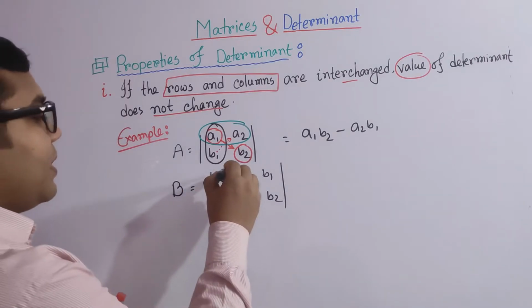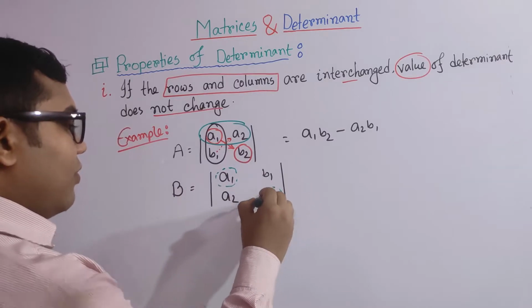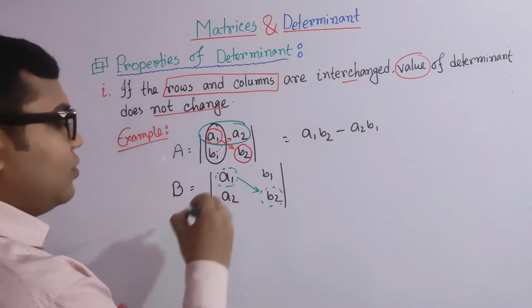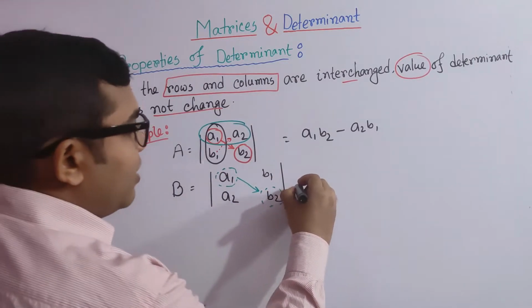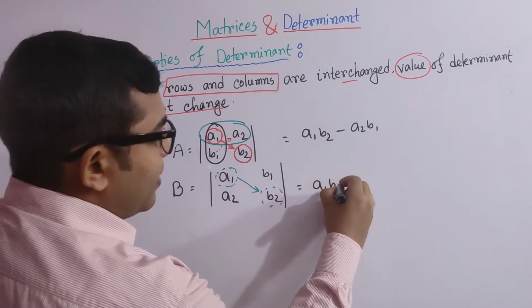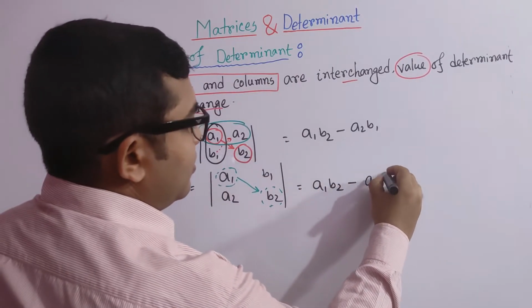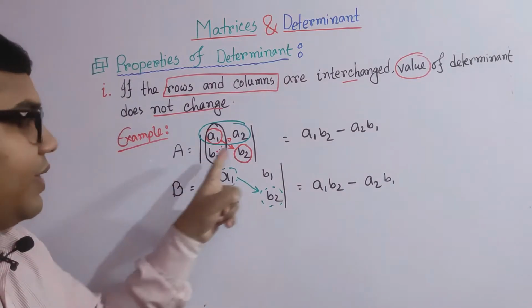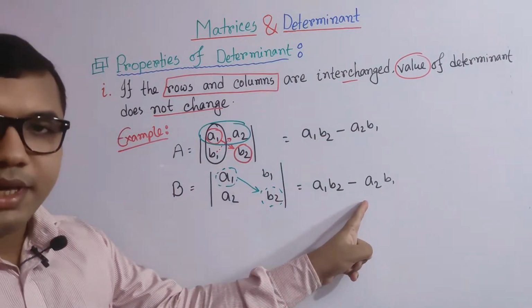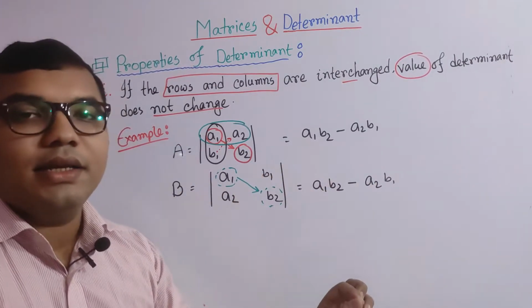According to the calculating system of determinants, we know that these two are multiplied first, that is a1 b2 minus a2 b1. And here we can observe that the value of a and the value of b, these two values are exactly the same.